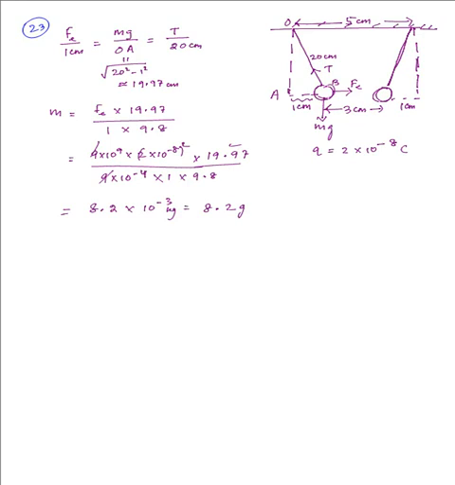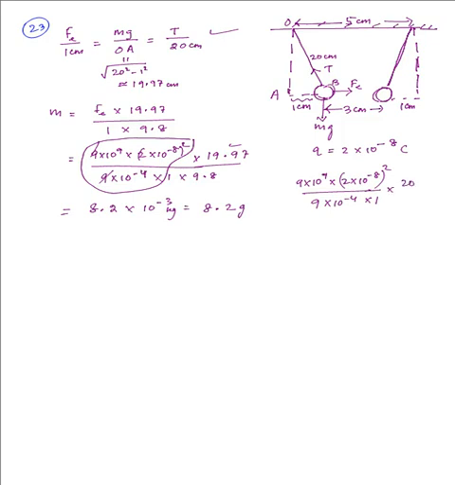Now the tension along the string can be obtained from this formula itself. So we know Fe, Fe is over here, this one. This is Fe, and that over 1 centimeter, so 9 times 10 raised to the power 9, again 2 times 10 raised to the power minus 8 squared over 9 times 10 raised to the power minus 4 times 1 centimeter, and multiplied by 20 centimeters.